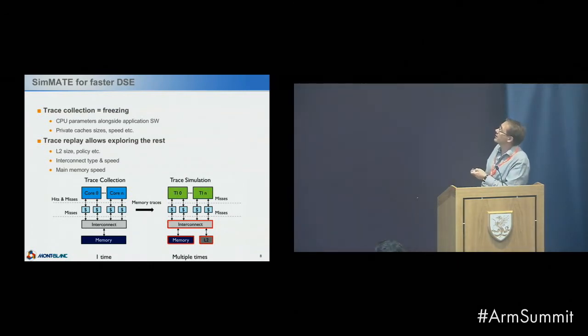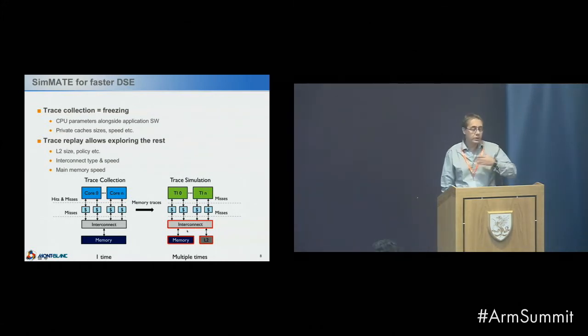Those parameters that cannot be changed any further are those that relate to the CPU, and those that relate to the private caches, the L1 caches. But all of the rest, that's depicted here in red on the slide. Everything that is in red here on the slide can be changed, and then you can run a simulation without requiring to recollect the traces.